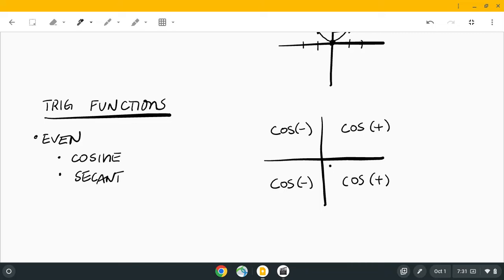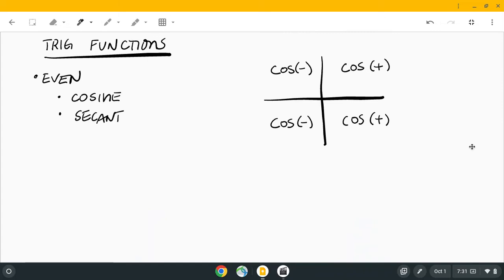Cosine of negative 30 degrees is also positive square root 3 over 2. So the cosine and secant functions are even functions. If I do cosine of 150, I get a negative, and cosine of negative 150 is also negative.